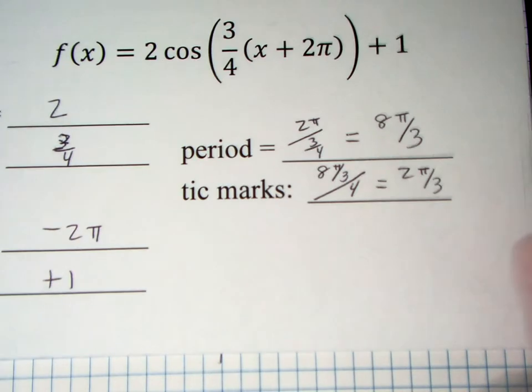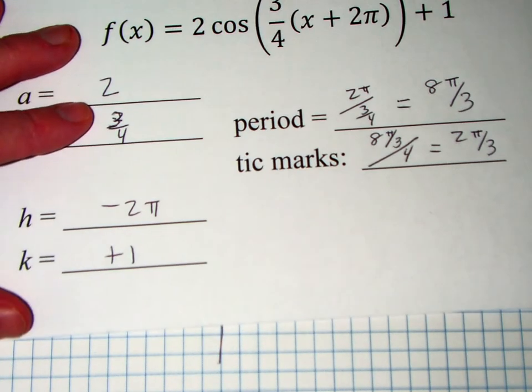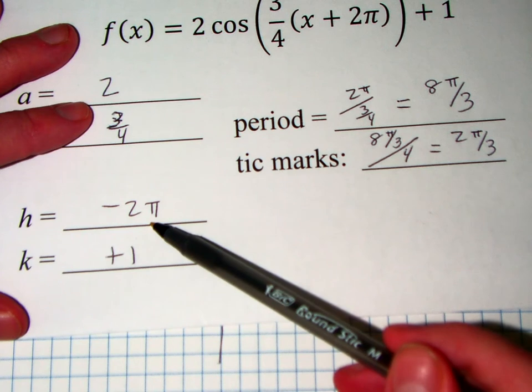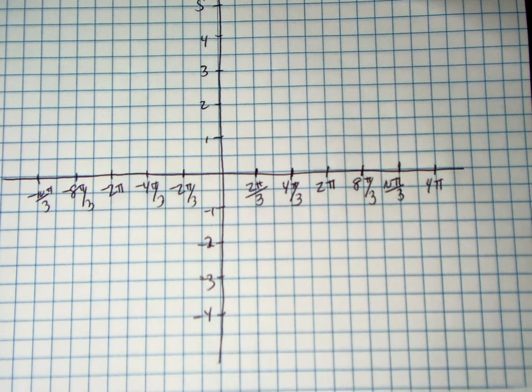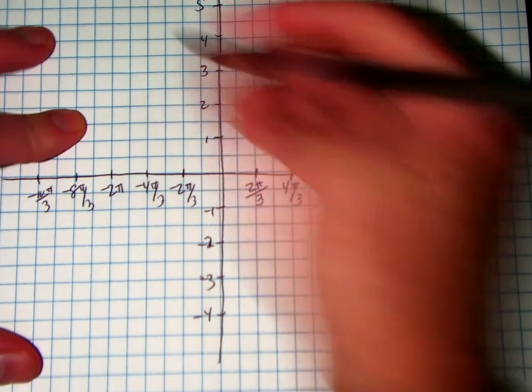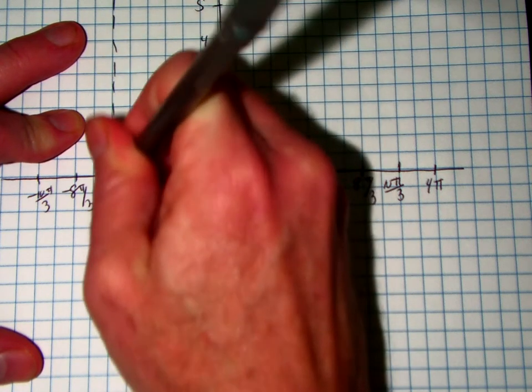And we want to find our new origin. Just like we did with the sine function, we want to find our new origin. And to do that, we look at our h and k values. So my h was negative 2 pi, and my k is positive 1. So I go to negative 2 pi, and I'm going to draw a dotted line right through negative 2 pi.